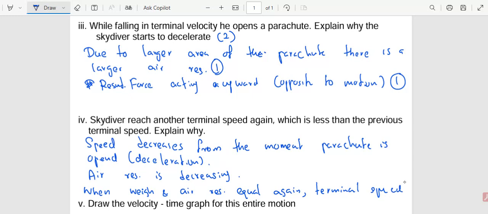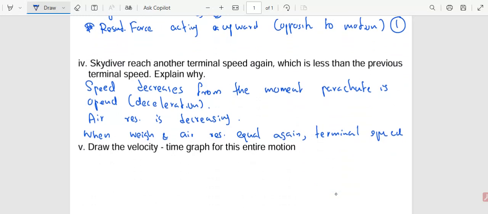So now the speed is decreasing from the previous terminal speed. It keeps on decreasing until the two forces are equal and opposite again. So then from that point onwards there is another terminal speed. Now this terminal speed is less because the speed decreased from the starting point.